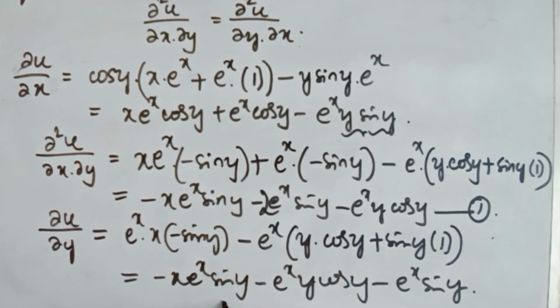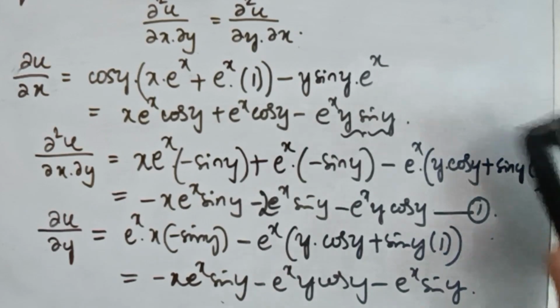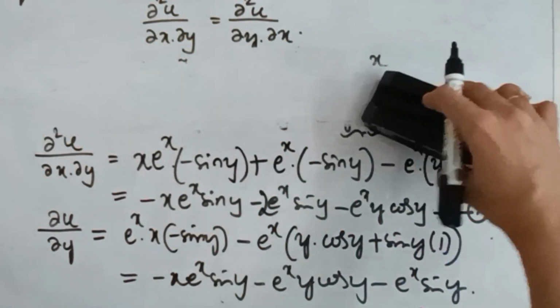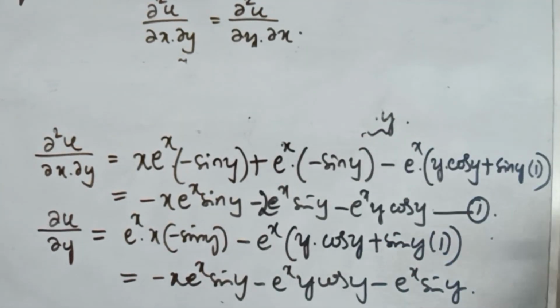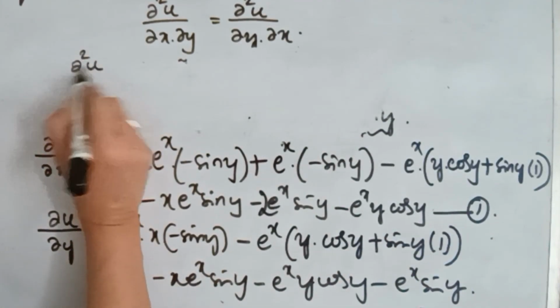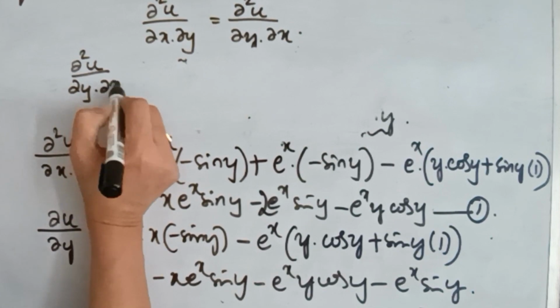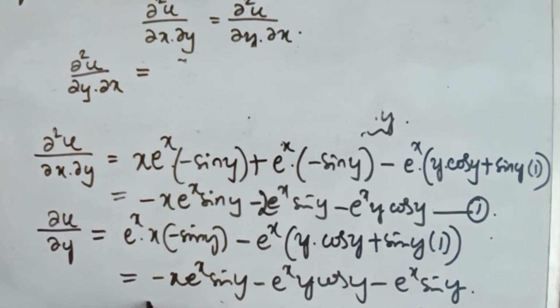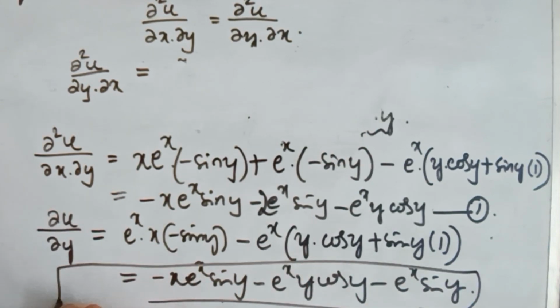Again, you have to differentiate this expression with respect to x now. So I'll write here ∂²u/∂y∂x equals, you are differentiating this expression partially with respect to x now. So treat y as a constant.